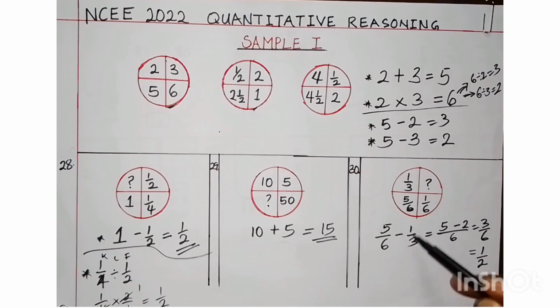Build an equivalent fraction of 1 over 3 such that the denominator will be the same as 6. So you multiply by 2, multiply by 2, you have 2 over 6. Then that will be 5/6 minus 2/6, which is 3/6. Whichever method is easier or faster for you, that's what you should go with. At the end, your answer will be the same: 3 over 6, which is equal to 1 over 2.